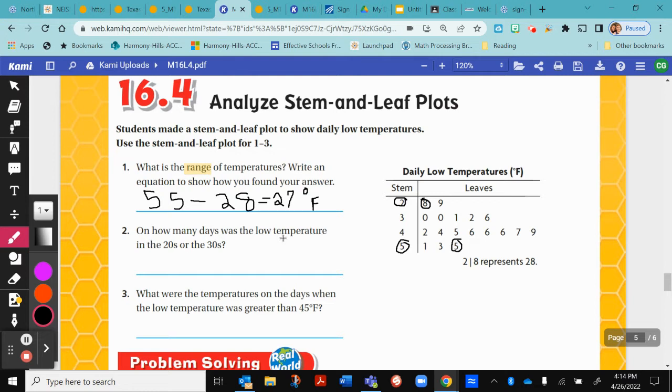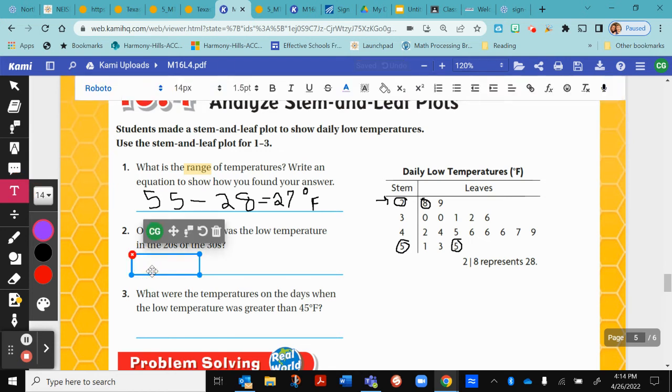On how many days was the low temperature in the 20s or the 30s? So now I'm going to go to the 20s, and I can see that I'm going to stem 2. There's 2 numbers. And I'm going to go ahead and type that out because it's going to be a lot easier.